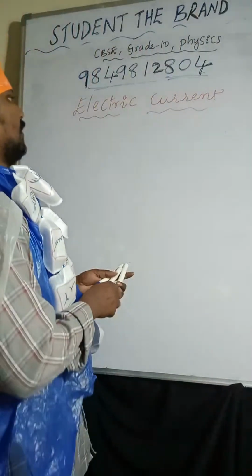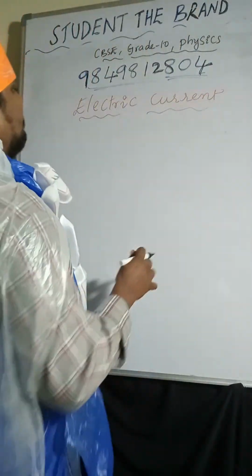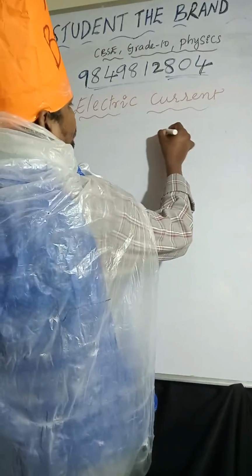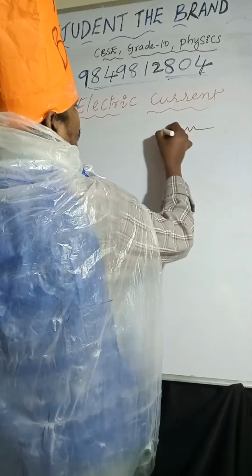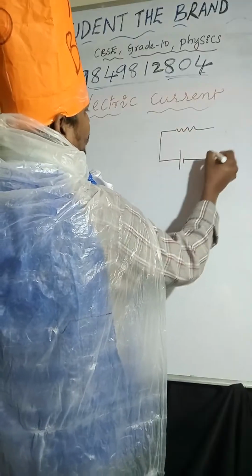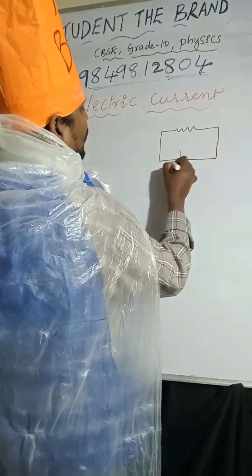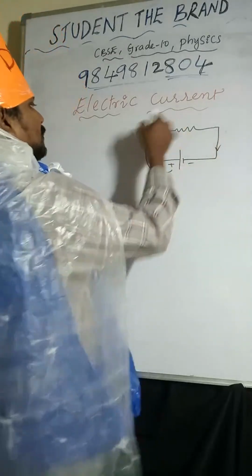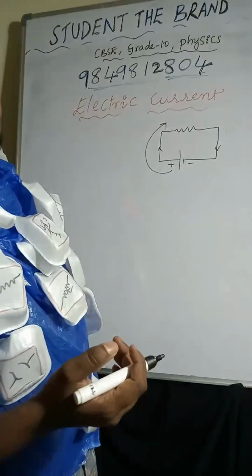Now you can check here. Cell. Normally if you connect a cell, current automatically passes from the positive terminal to the negative terminal.